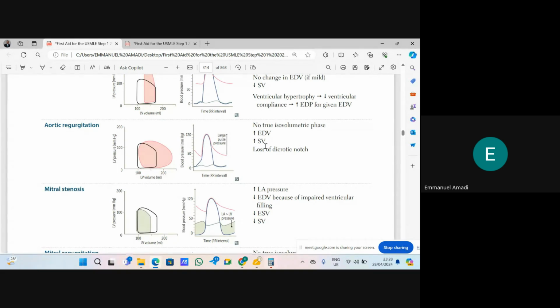That is the first thing you need to know. If you see a graph, I repeat, if you see a graph that does not have isovolumetric contraction or isovolumetric relaxation, what you're definitely dealing with is a regurgitation.